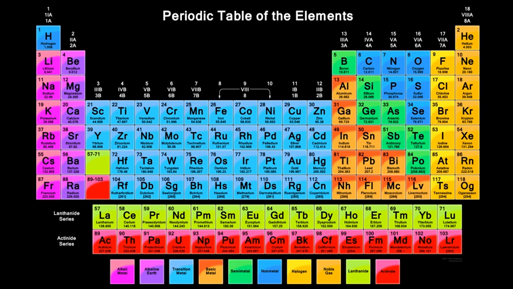You can see in this periodic table group 13 to group 18 elements. Total number of groups are 18 in the periodic table.